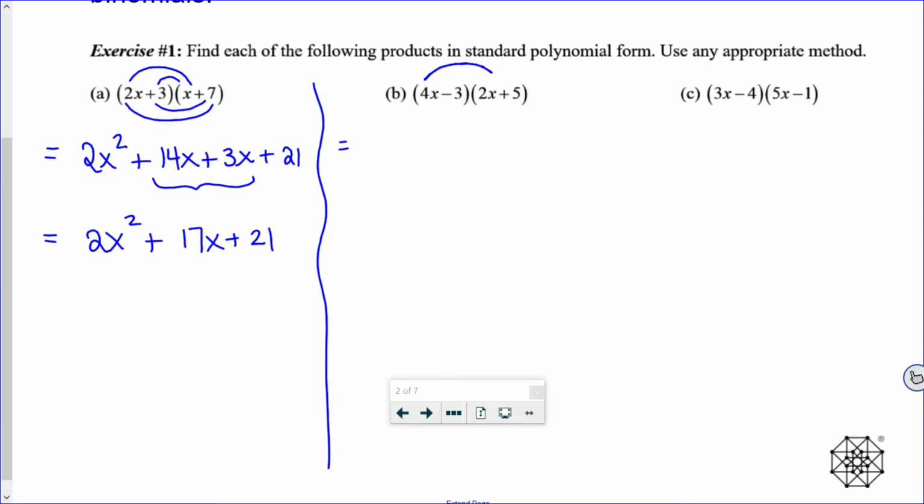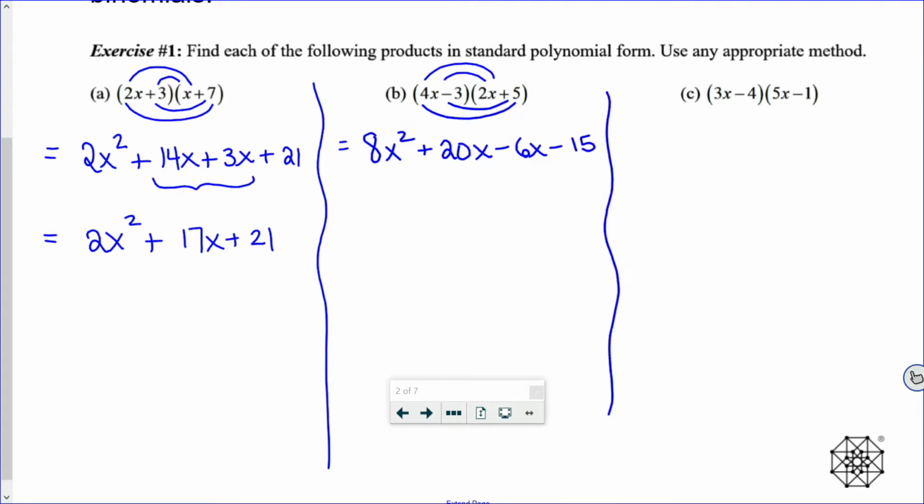For this one, my first term is 4x times 2x, which is 8x squared. My outer term, 4x times 5, is 20x. My inner term, negative 3 times positive 2, is negative 6x. And last, negative 3 times positive 5 is negative 15. We combine those two center terms, the O and the I, and we get 8x squared plus 14x minus 15.